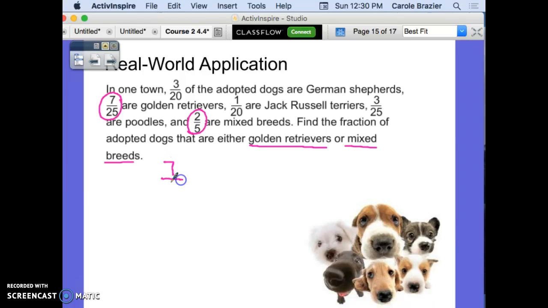So 7/25 plus 2/5. Again, I have to make a common denominator. I know that 5 goes into 25, so my new denominator I'm going to use on this fraction is going to be 25. So if I take 5 to 25, I know that I'm multiplying by 5. 2 times 5 then becomes 10.